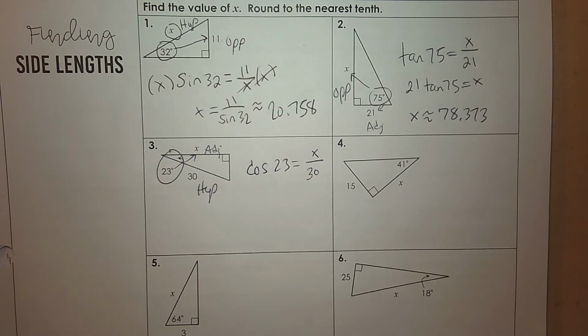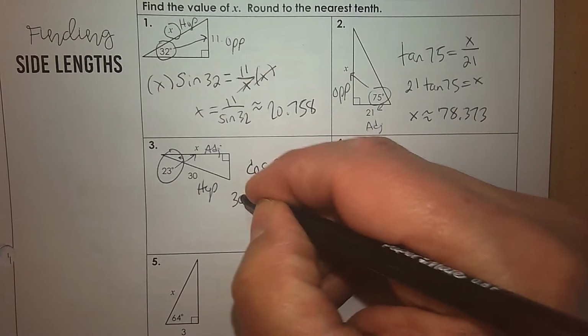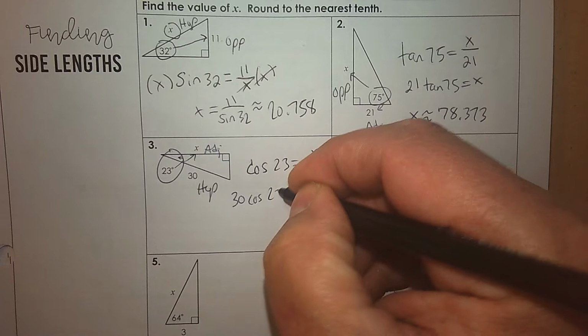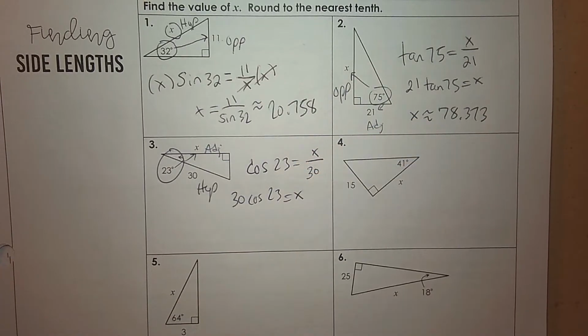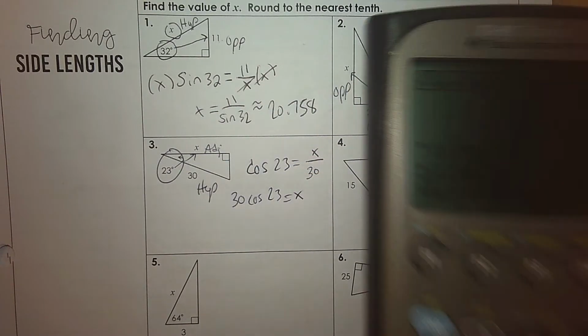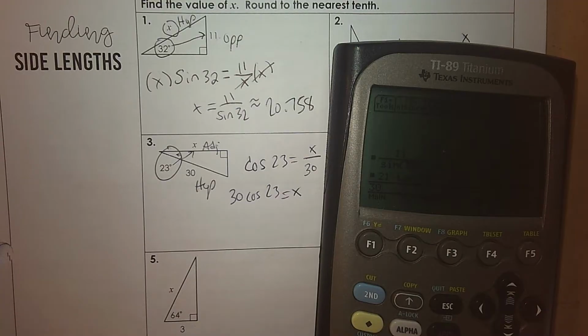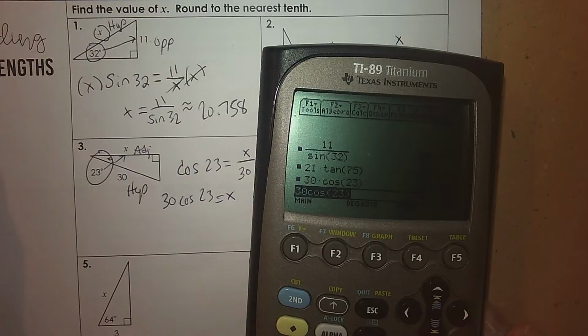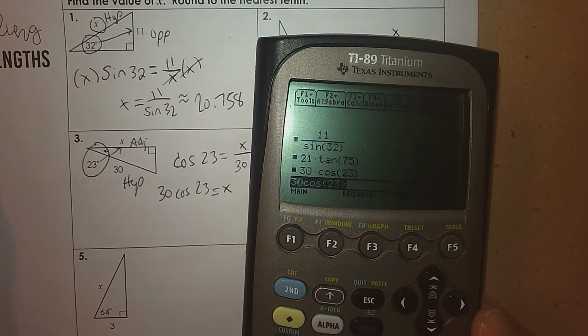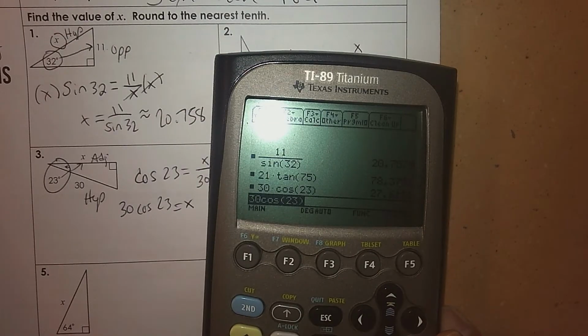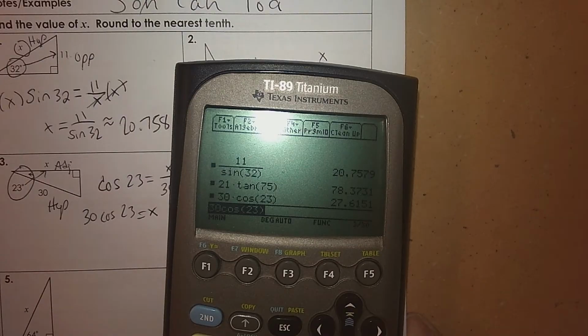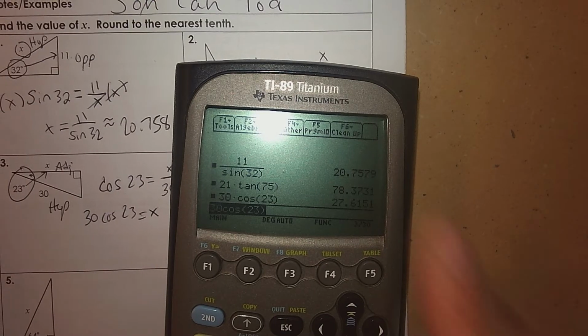Now get x by itself by multiplying by 30. And now use your calculator. So the answer is 27.615.